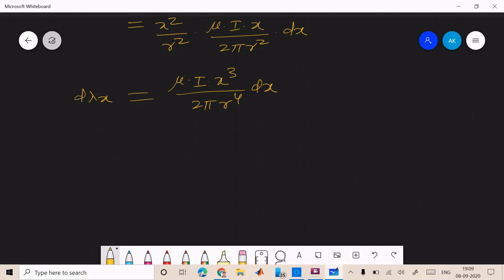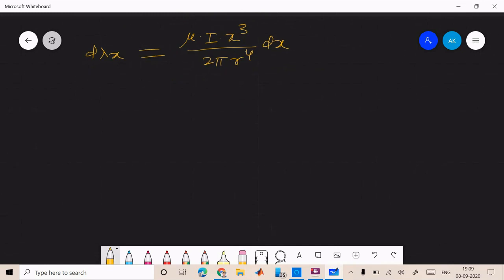Now what we will do? We will just integrate this d lambda x from 0 to r, so that we reach the surface of the conductor. So lambda is the integral from 0 to r of mu I x cube over 2 pi r raised to power 4 dx.